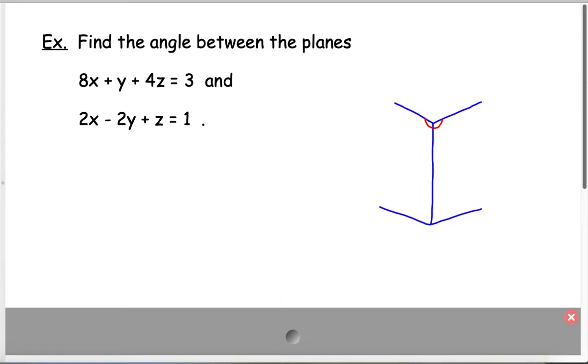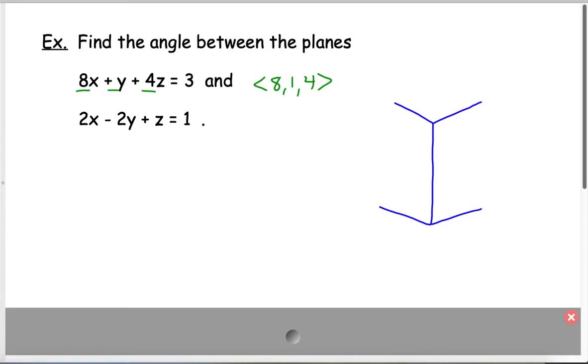All right, so what information do we have? Well, we have the equation of two planes. Now, from each plane, the information that we can get is a normal vector to the plane. So we have 8, 1, 4 is perpendicular to one of the planes.